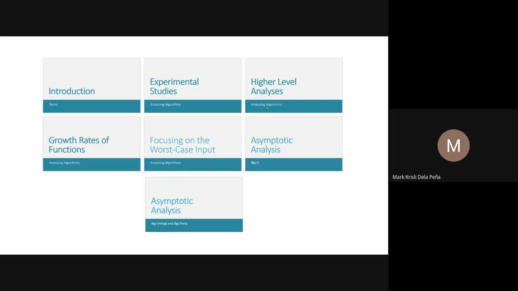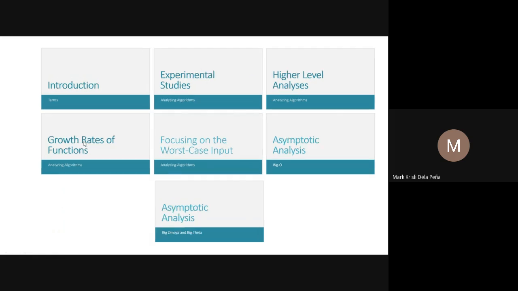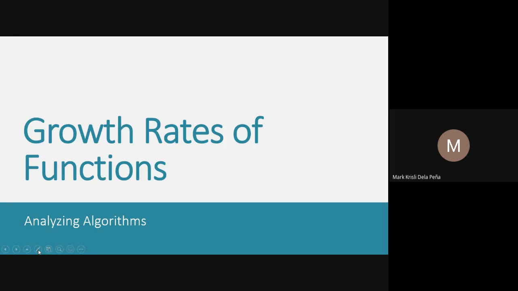Now we had already discussed two methods in determining the complexity or the efficiency of algorithms. One is using experimental analysis and the other one is through growth rates. Now we will discuss what a growth rate really is. When we analyze an algorithm, we usually count the number of operations performed by that algorithm.